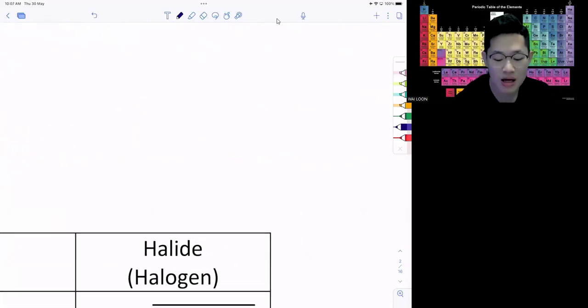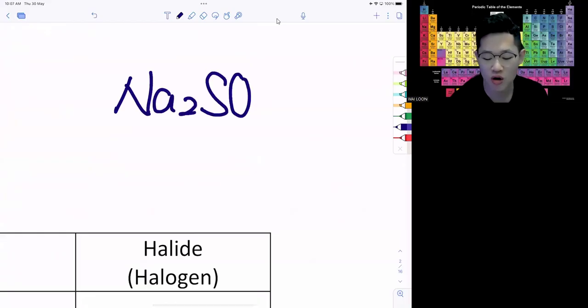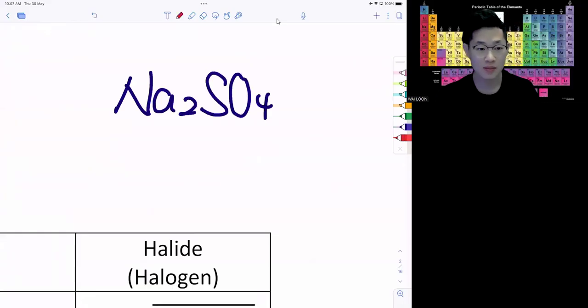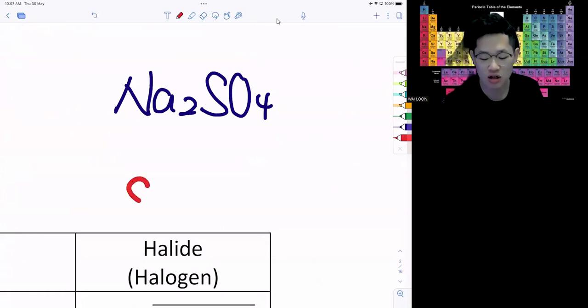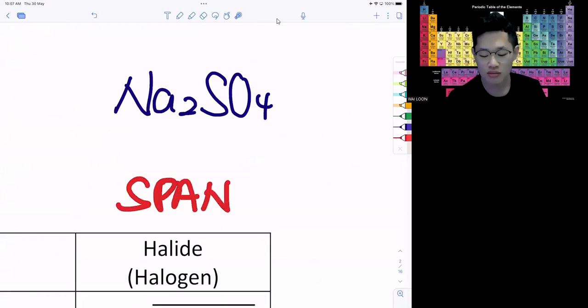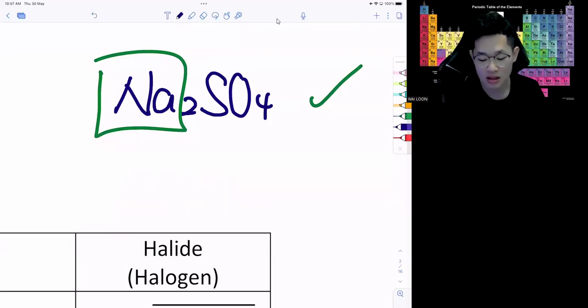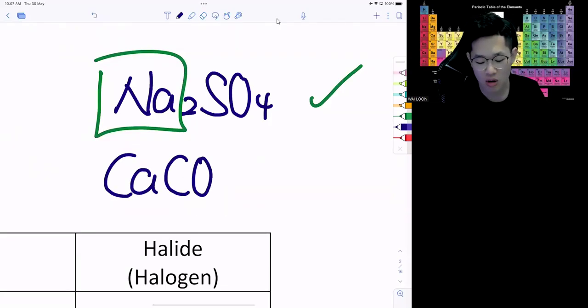For example, if I give you Na2SO4, we should always go with the first group, SPAN. Do I have sodium? Oh, yes, I have sodium. Then straight away, soluble. Another example, CaCO3.